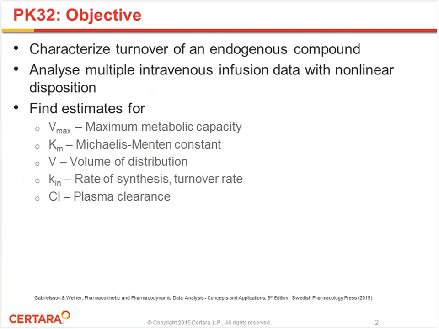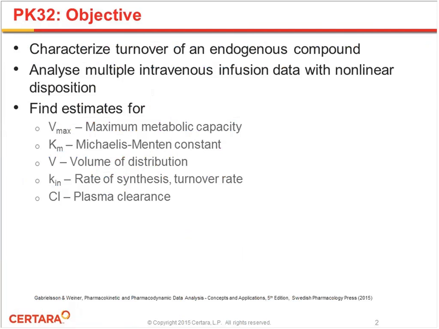Okay, so our example today is a study of an endogenous compound. We will analyze multiple intravenous infusion data with nonlinear disposition, and we want to find estimates for a number of PK parameters.